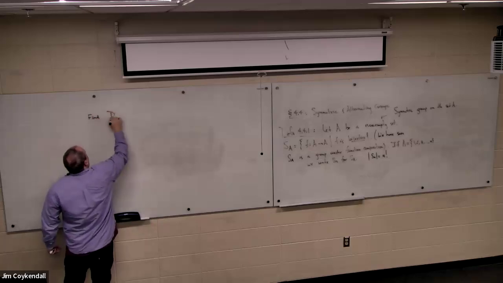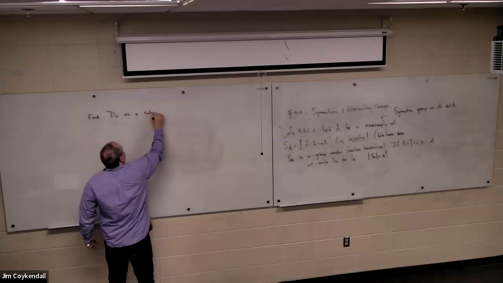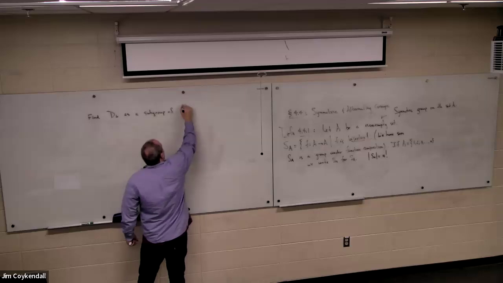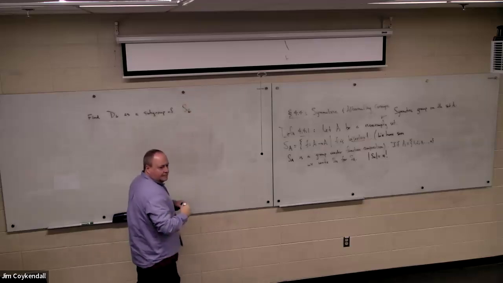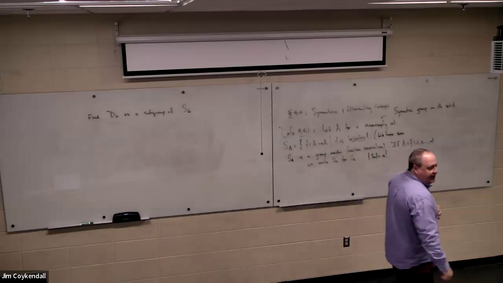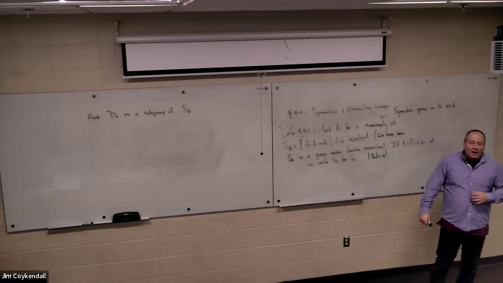Find D6 as a subgroup of S6. Now, how many elements does S6 have? A lot, 6 factorial. It's got like 720.